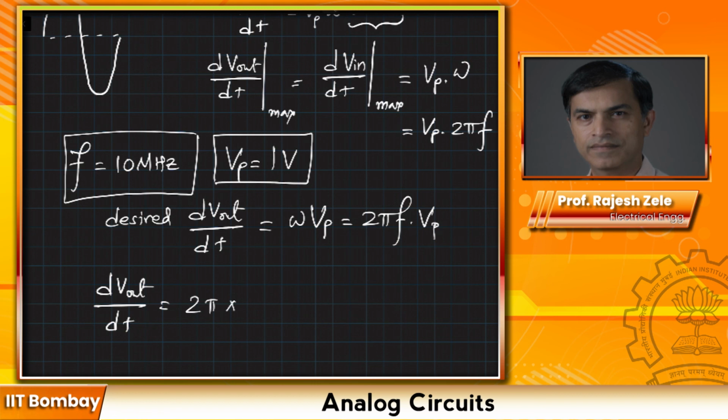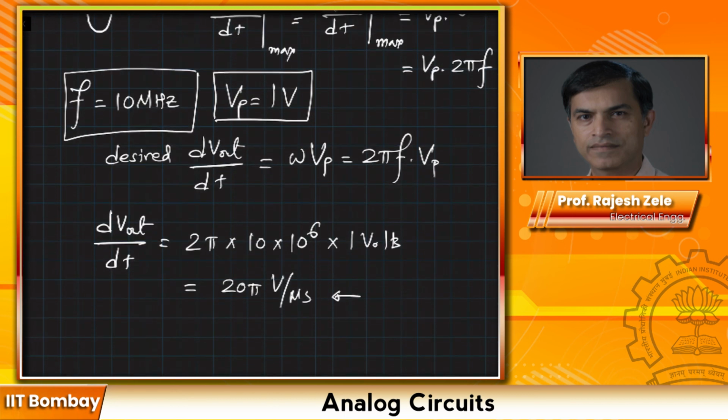Keep close attention to your units. This is equal to 62.8 volts per microsecond. So you can already see this number is much larger than the slew rate of the op-amp, which we said is 10 volts per microsecond.